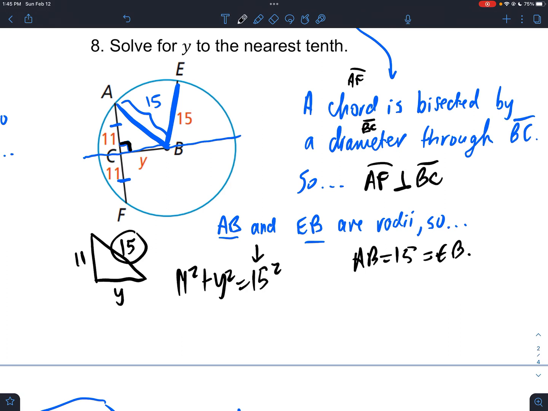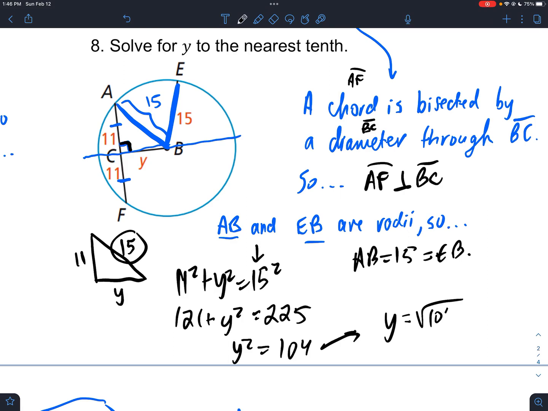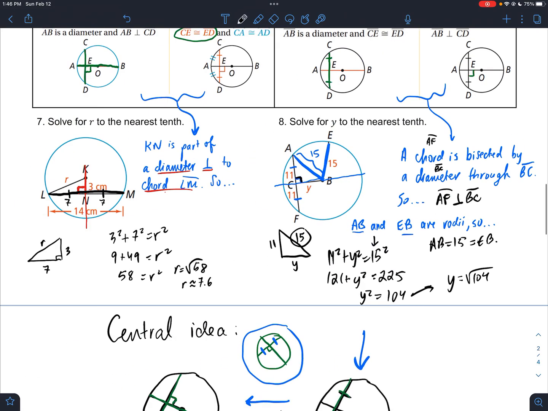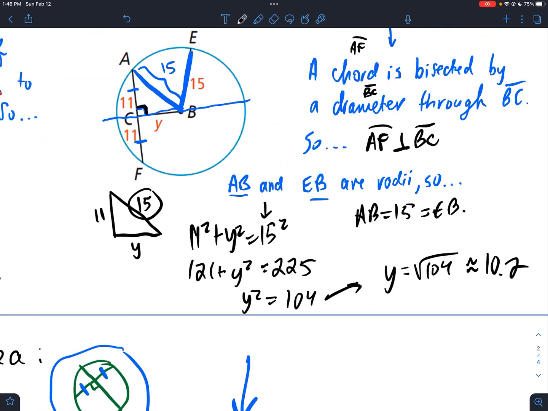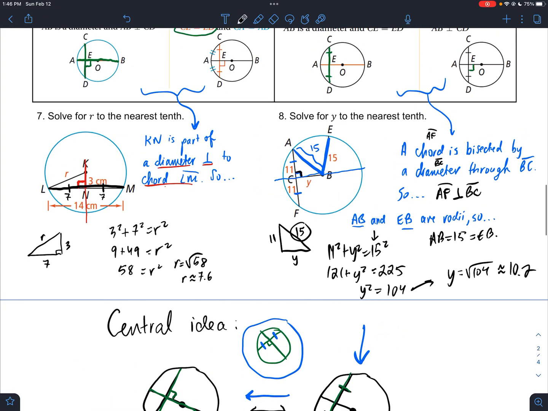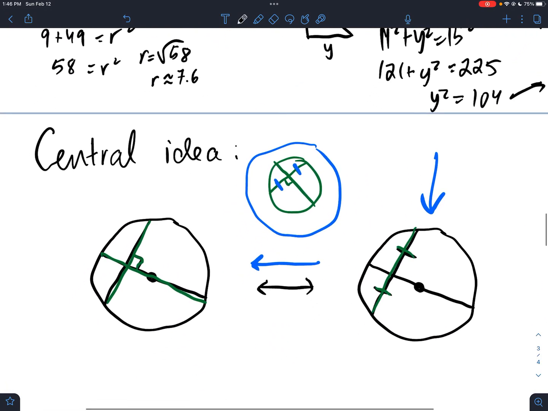So just real quick, we would set up Pythagorean theorem where 15 is the hypotenuse, and then go ahead and solve. I'm not really concerned about this part right now, because I think if you really had to do it, you'd be able to. So that's about 10.2.